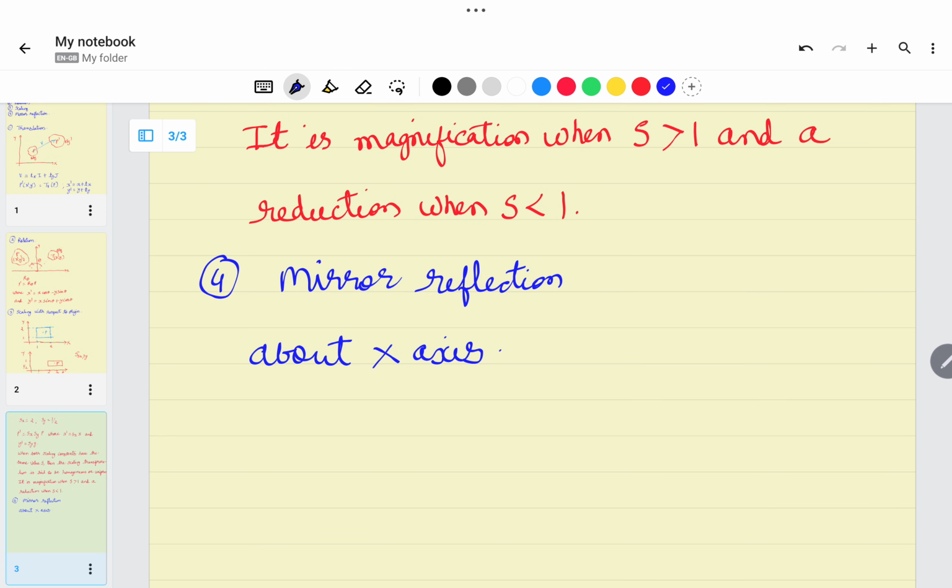Here the x-axis is acting as a mirror. So let us understand with this sketch.